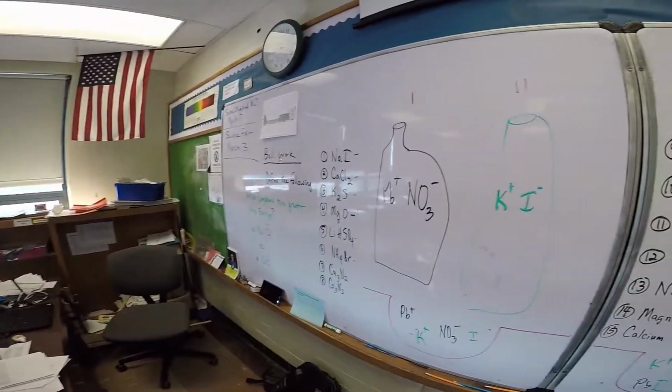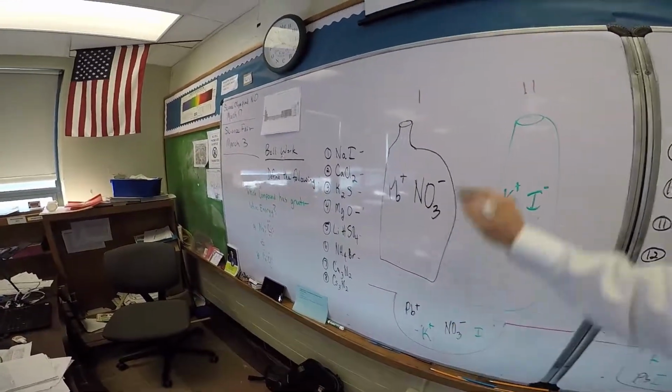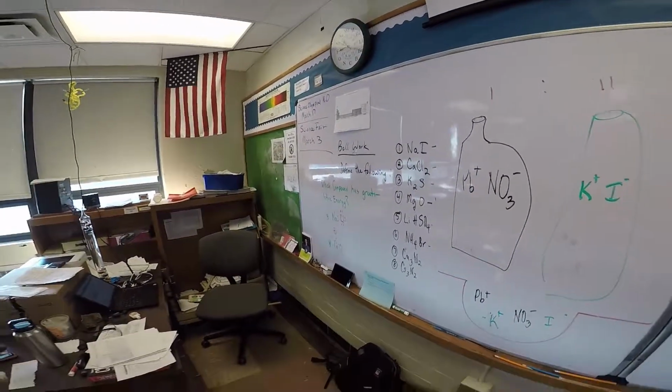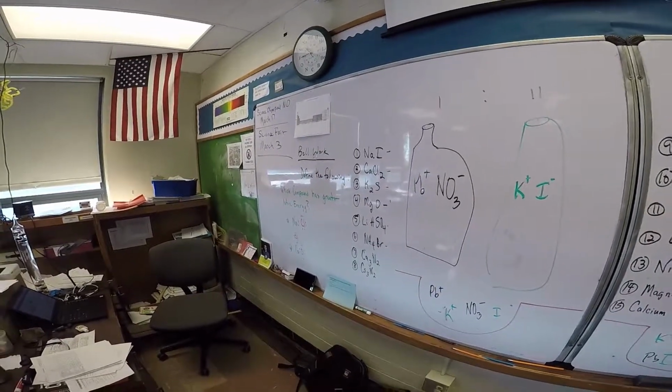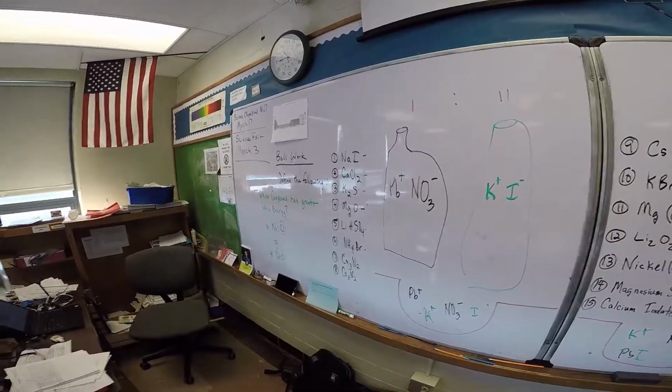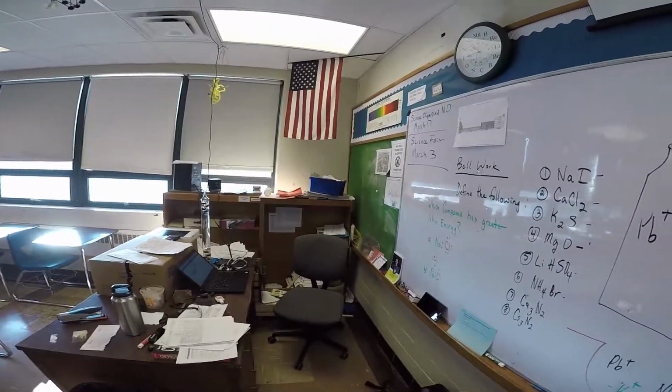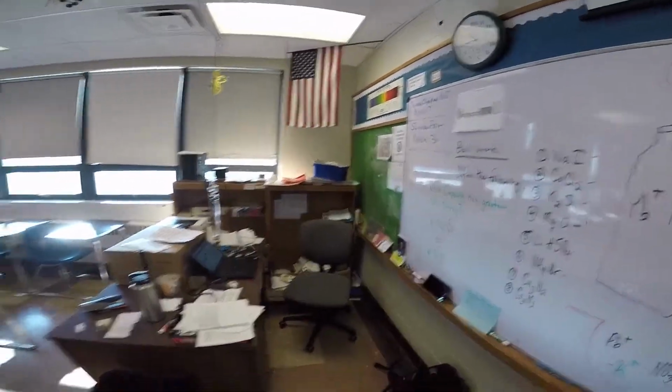What ratio is that? It's a 1-to-11, right? So what ratio did you expect to see the most precipitate? Very good, Brendan. 6-to-6. So look for that.